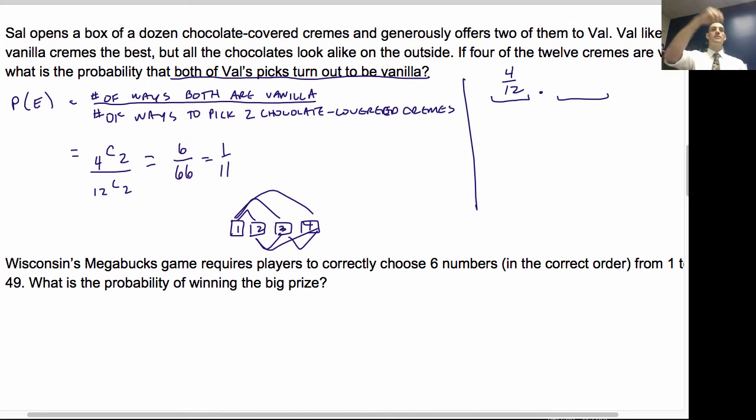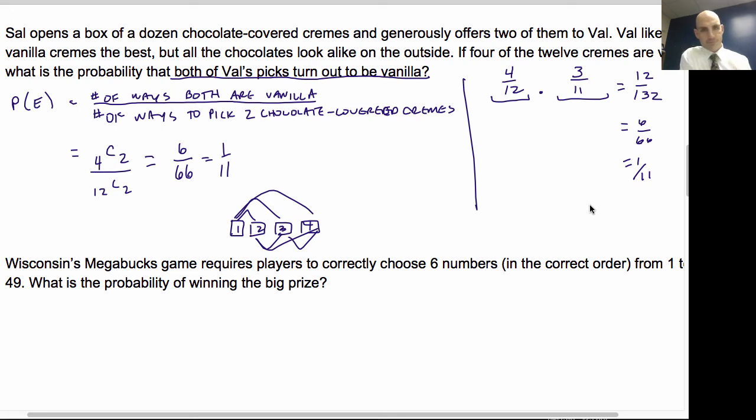And we're going to assume that the first one is a vanilla one, and for sure we're not putting it back in because she's already eaten that one. How many ways are there to pick a second vanilla? Well, there's 3 vanillas left out of 11. And when we do this, we get 12 out of 132, which reduces down to 6 out of 66, which is 1 in 11. Okay, so which one's easier?